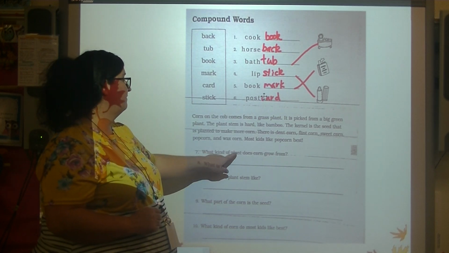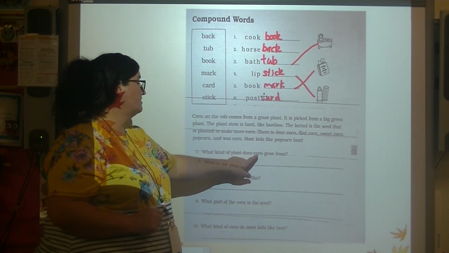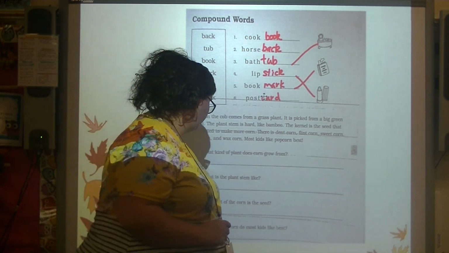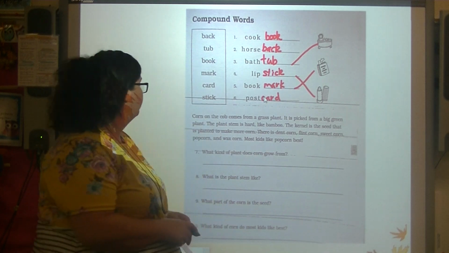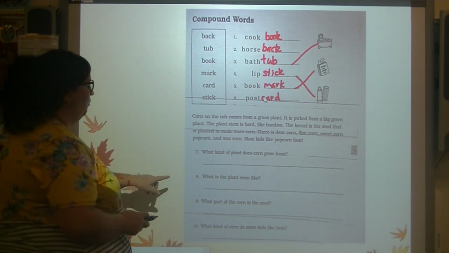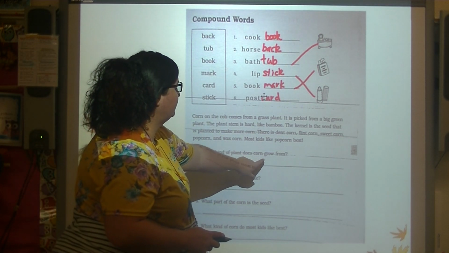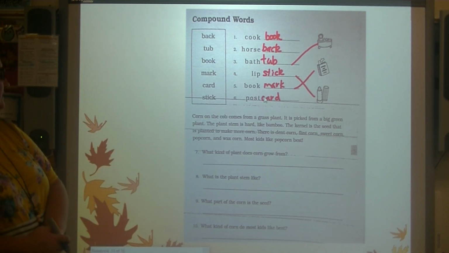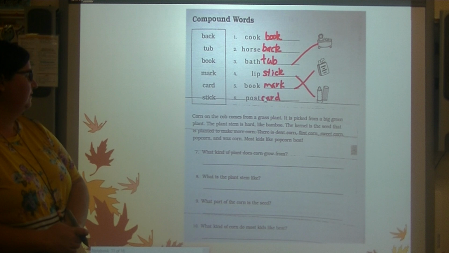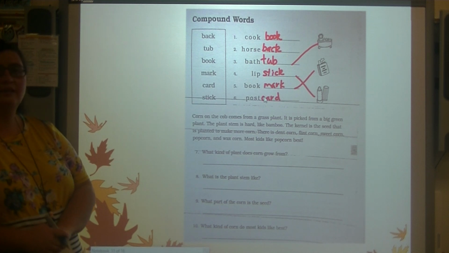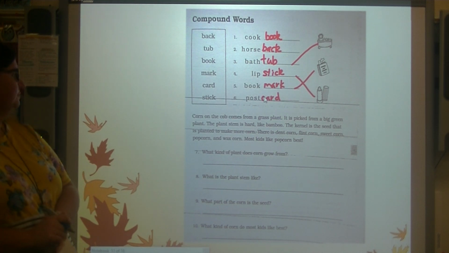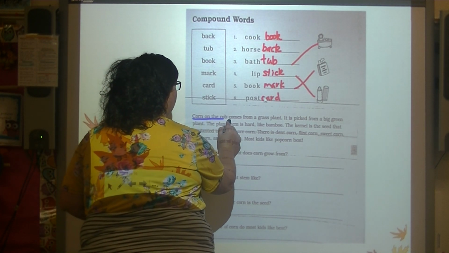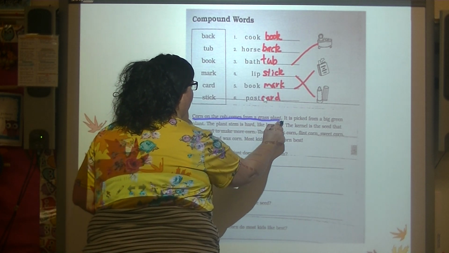What kind of plant does corn grow from? Now, what does it tell us? Corn on the cob grows from a what kind?